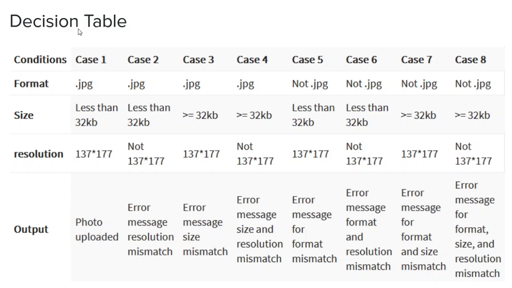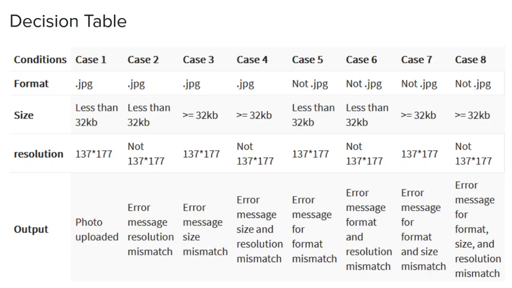Out of these 8 cases, the first one is the positive test case where it should give the success output, whereas the remaining test cases are negative test cases with some condition failing as an invalid input. So this is a simple example of a decision table and how it helps to derive test cases for different types of conditions and their value combinations.